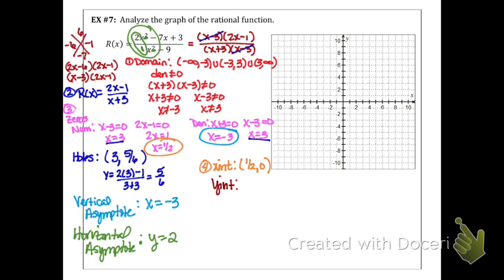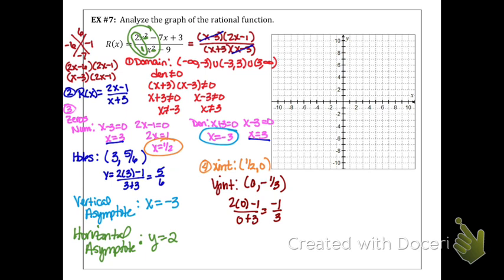We can use the original or the reduced form. It doesn't matter. I'll use the reduced one. So 2x minus 1 over x plus 3 gives -1 over 3. So it's 0 comma -1/3. All right, and we've got enough there to start doing our graph.